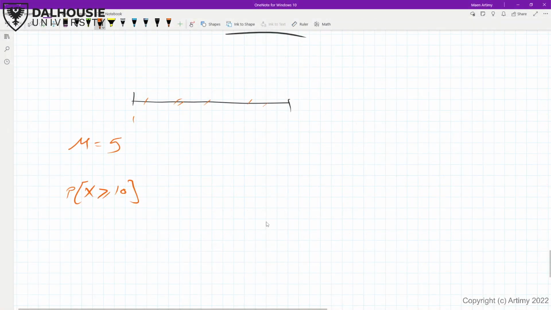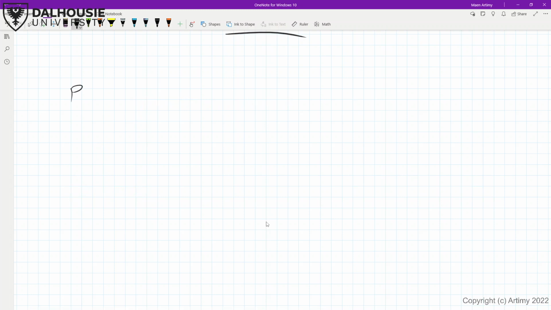As I said before, let's take it step by step. We're looking for the probability of x greater than 8, and we were given an average of 10.